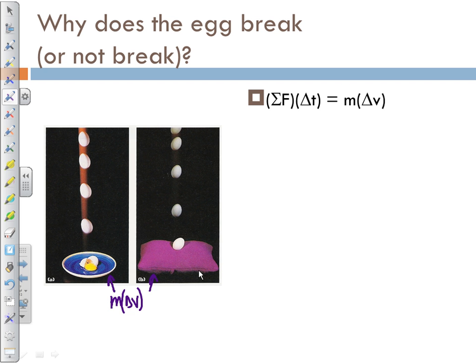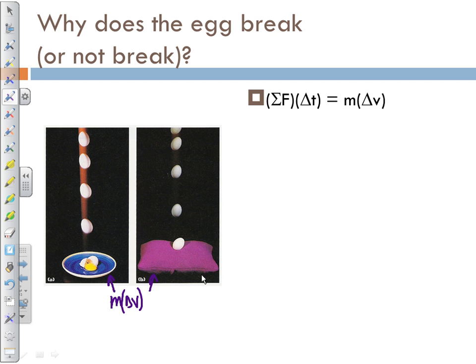But relatively speaking, does it take a long time or a short time for this egg to stop? A long time, right? It hits the pillow, right? And then the pillow cushions down as that egg falls into it. The whole time that pillow is bringing that egg to a stop.